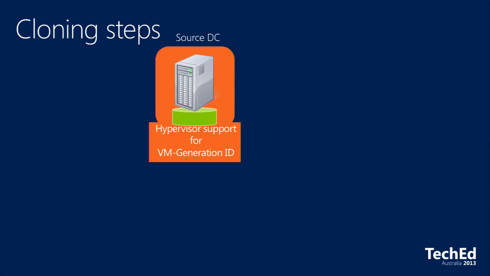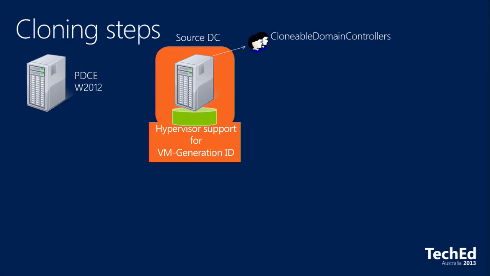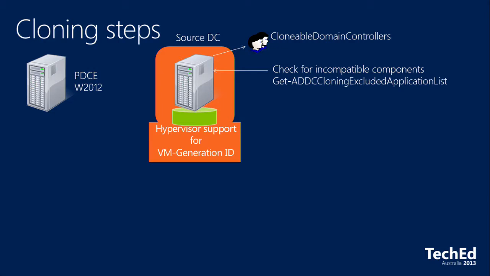So first, we make sure that we've got a domain controller that is sitting on a hypervisor that does support VM generation ID. We also have to have a machine that's a DC that's the PDC emulator running Windows Server 2012. And we have a group called the Cloneable Domain Controllers Group. This machine has to be in that group.